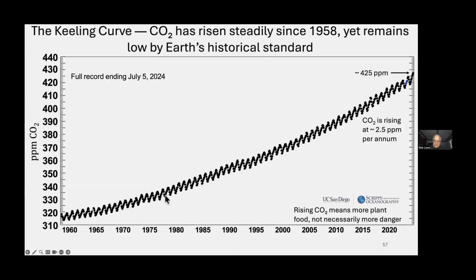You'll notice that there's a zigzag in this chart, and that is because most of the Earth's greenery is in the northern hemisphere, and this is the effect of plants losing their leaves in winter. Deciduous plants are responsible for that zigzag in the curve.